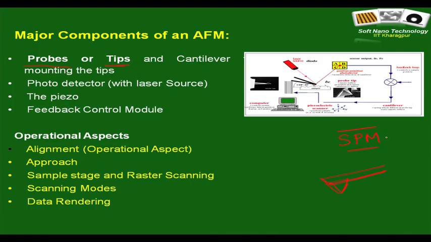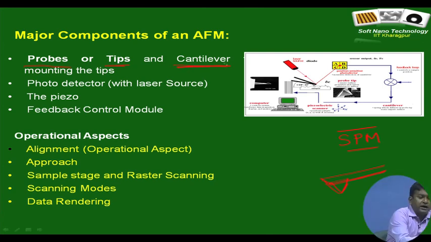Therefore, you would like to take a very thin cantilever, so that it deforms or responds to the magnitude of van der Waals forces. That is very important. If you take a very rigid, thick block of metal as the cantilever, the whole purpose is lost. You need a cantilever that is responsive enough to exhibit some deformation to van der Waals forces. You need the tip mounted on the cantilever.